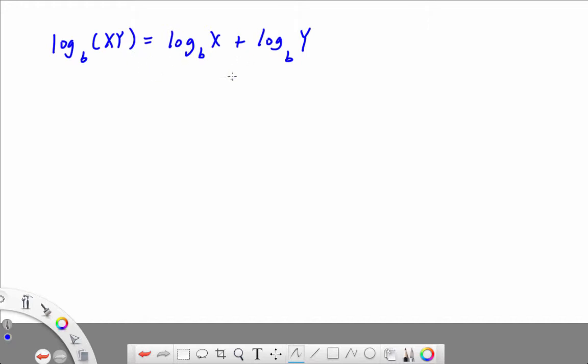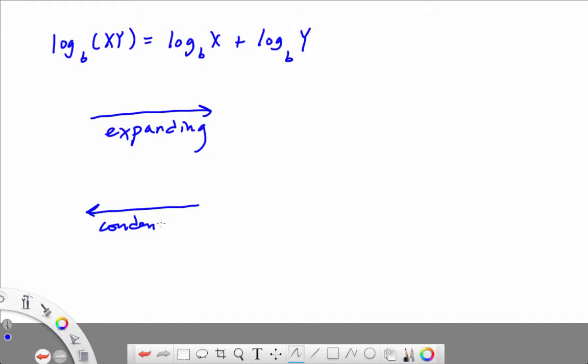And if you go from right to left, you're condensing. I'll just write it like this: expanding or expansion. I think I like the word expanding better. And this is condensing.